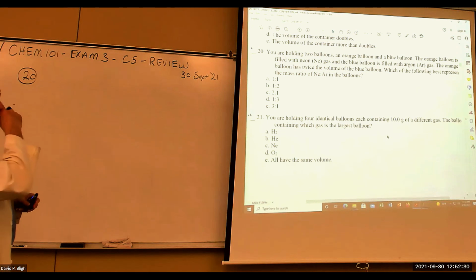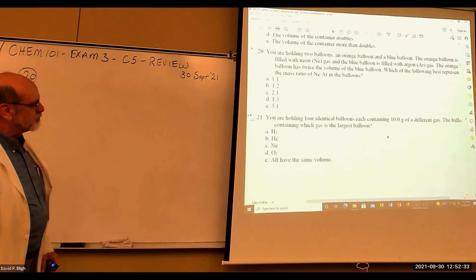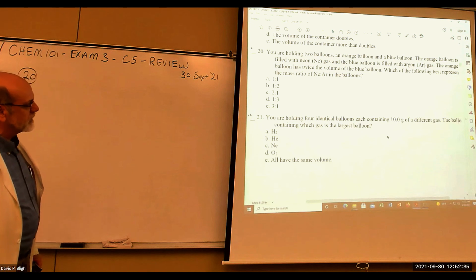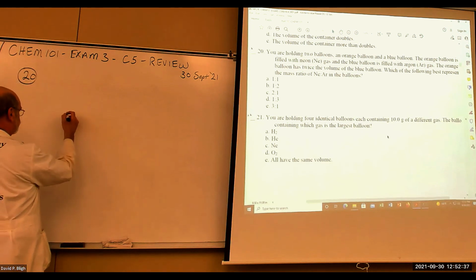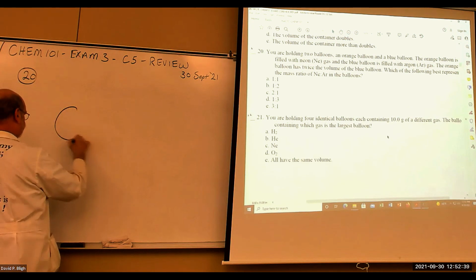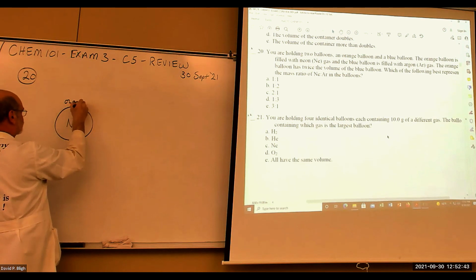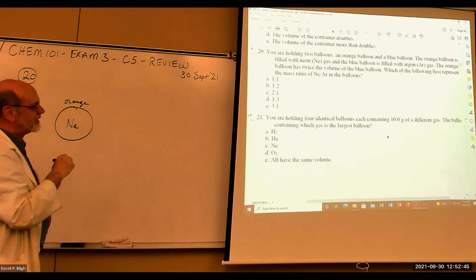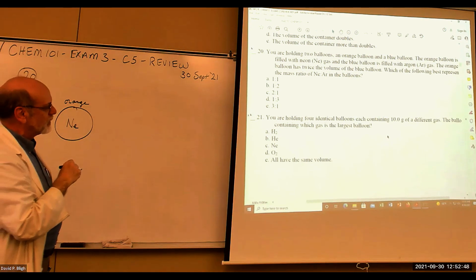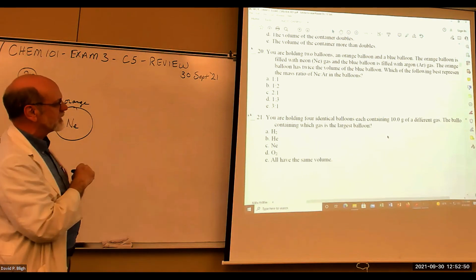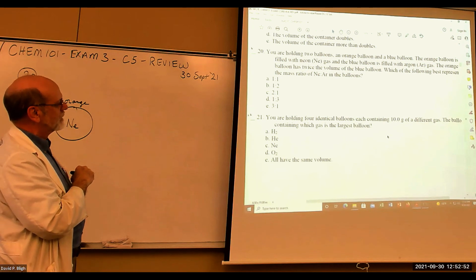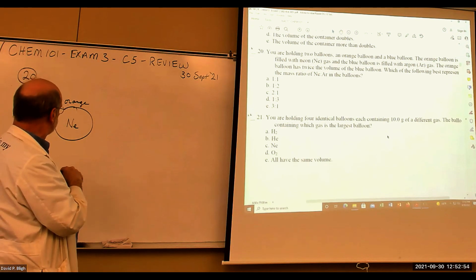Okay, so let's draw a picture. We got the first balloon is orange with neon. And the second one is blue with argon. What's the relationship of their volume? The orange balloon has twice the volume of the blue balloon.